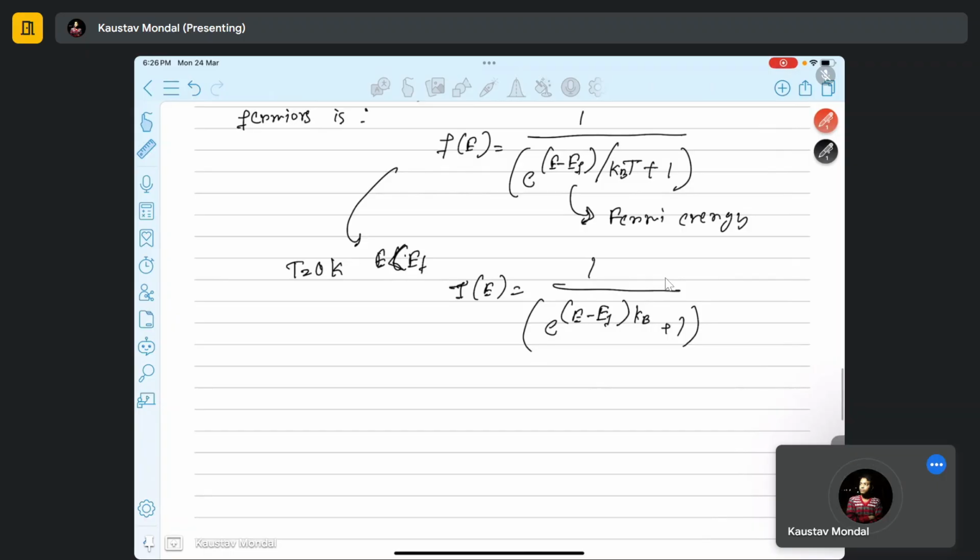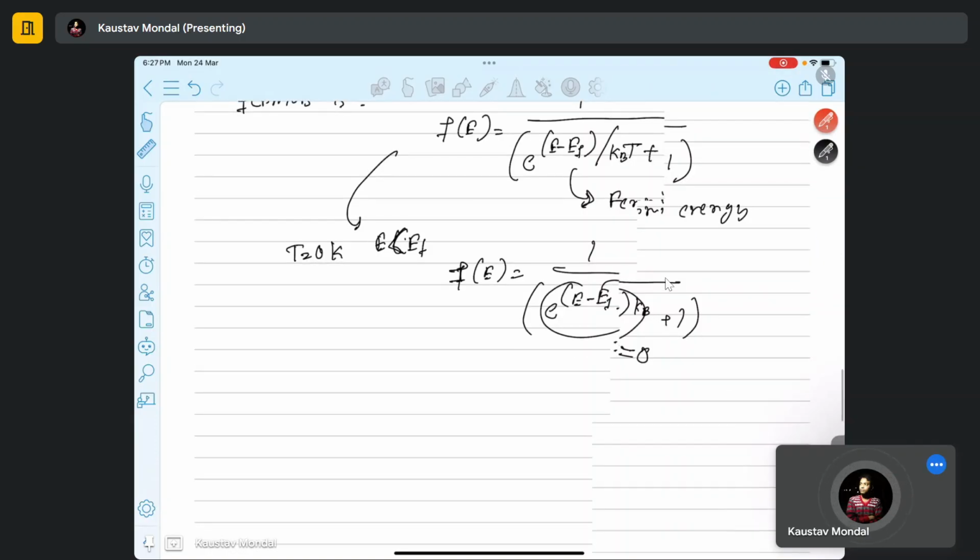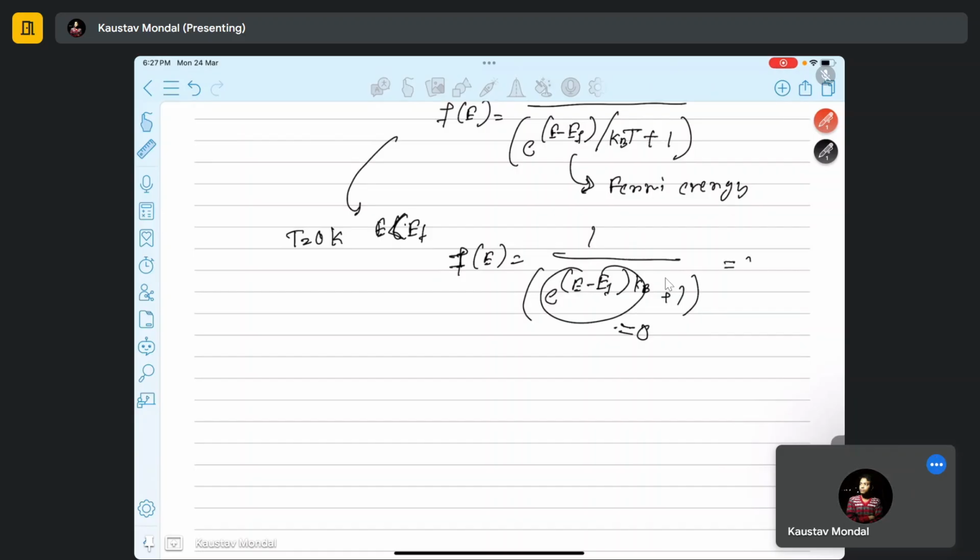For this case, at T equal to 0, this term goes close to 0, because kBT is 0, so E minus E_F is negative, which means this power term will be negative infinity. This gives you 1 by e to the power infinity, that means 1 by infinite, which is nothing but 0. So that means 1 by 1 would be coming, this gives you 1.